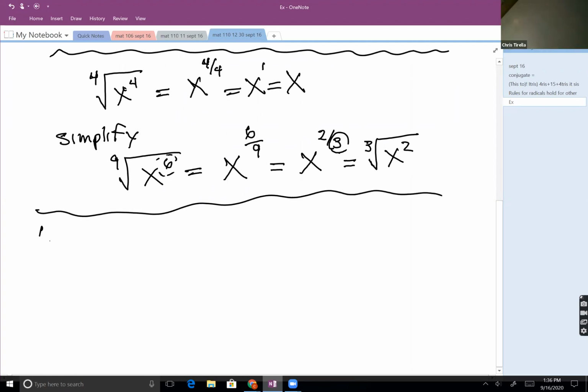So what if I ask you to simplify 2y to the 1/5, all to the 4th, over y to the 3/10? How's that look?